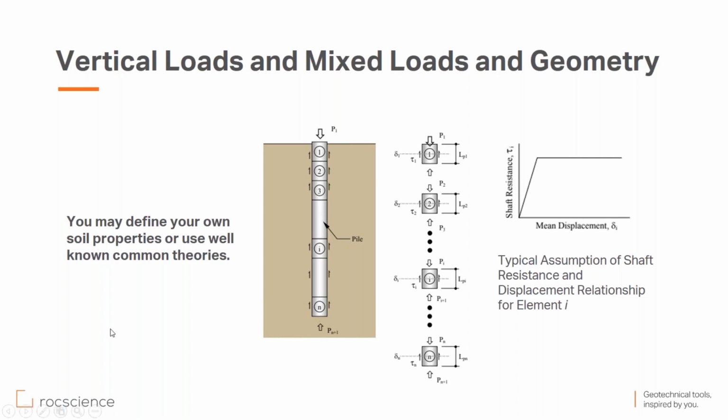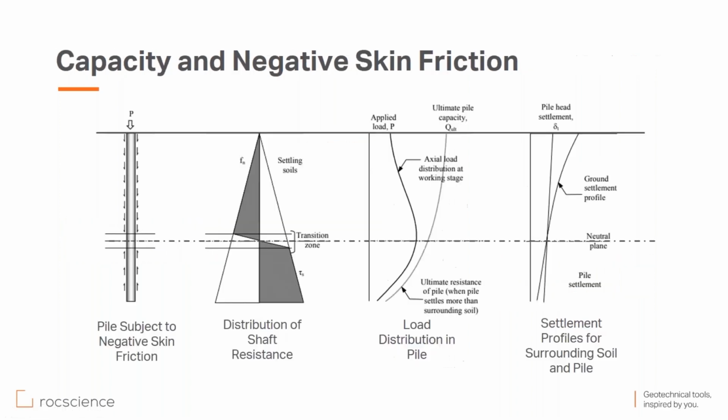Or the user may choose any theoretical model that is well established and commonly used based on his local practical experience. And these models may be changed through the depth for each segment of the pile and based on the soil layers.